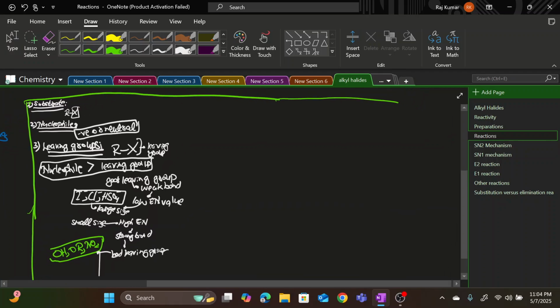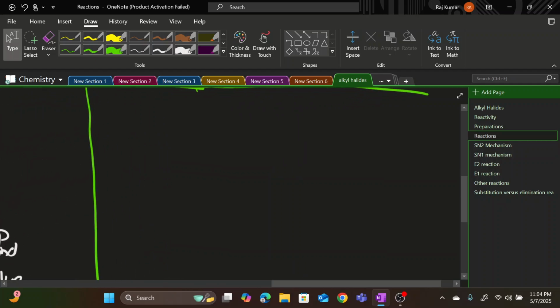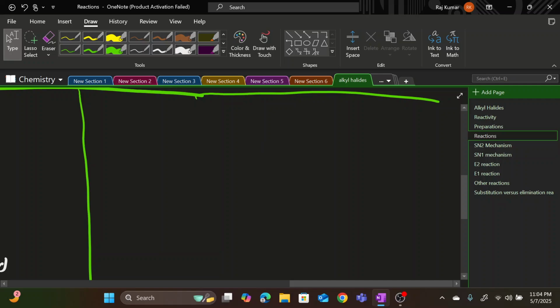So what does the mechanism look like? If you were to draw the mechanism very conceptually, the SN1 mechanism is quite easy. It's just got two steps. Number one is the step in which there is formation of a carbocation.